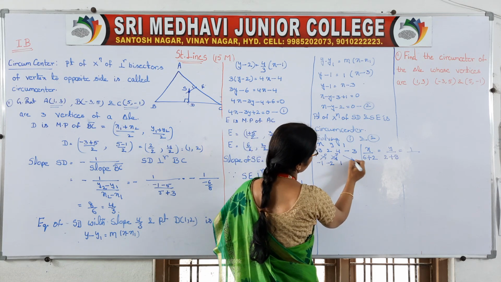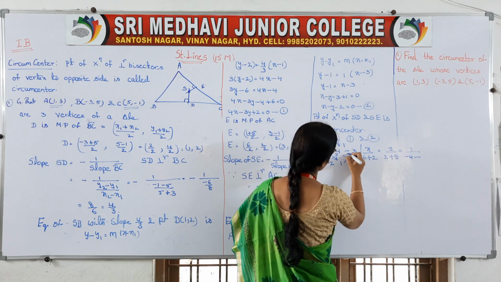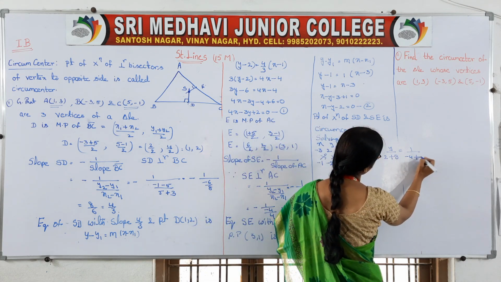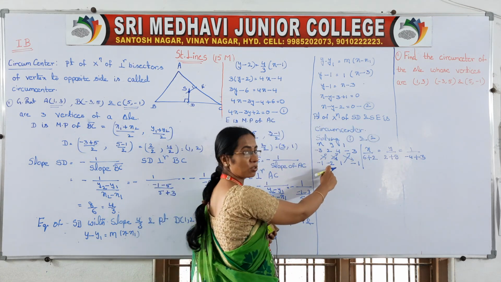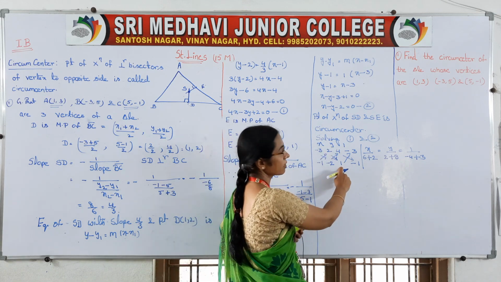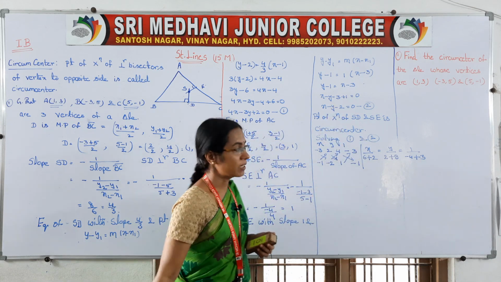Next, 4 into minus 1 is minus 4, minus this into this: minus of minus 3 means plus 3. Is it clear? This into this, minus this into this, always downwards minus upwards.